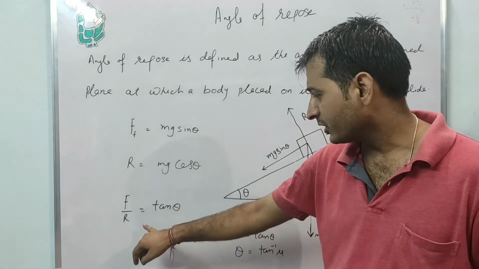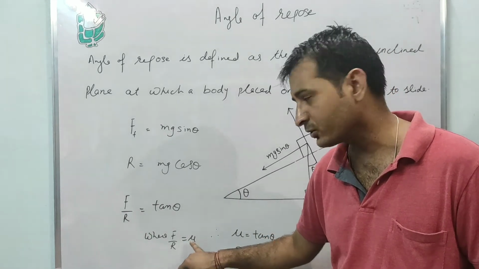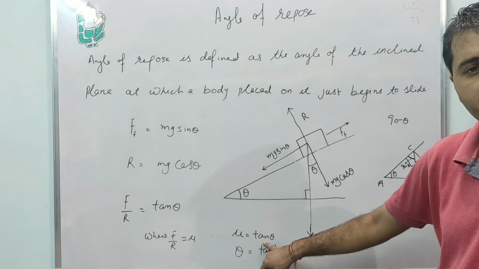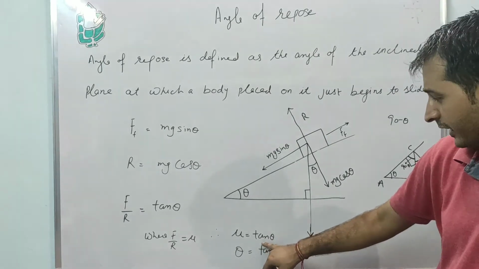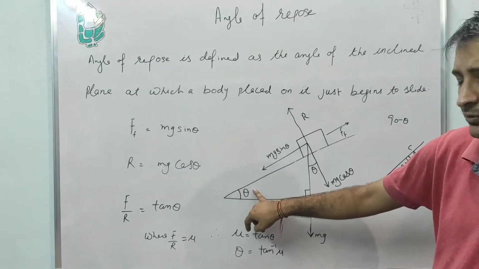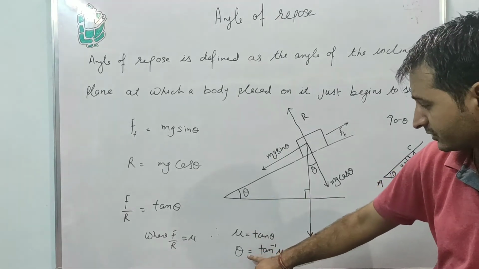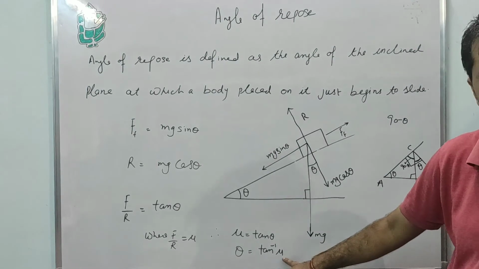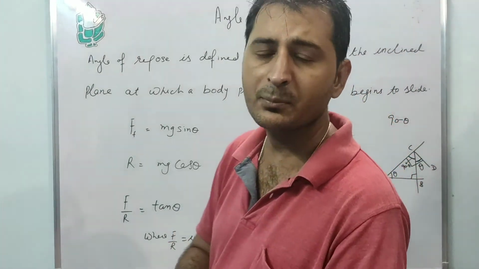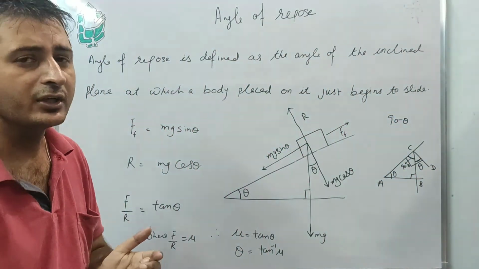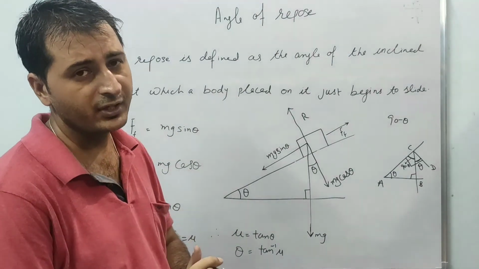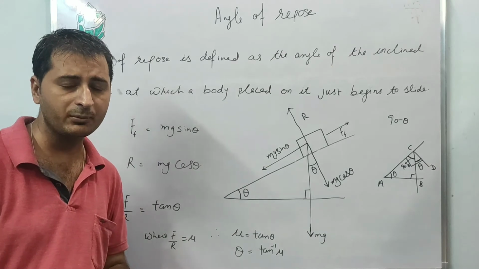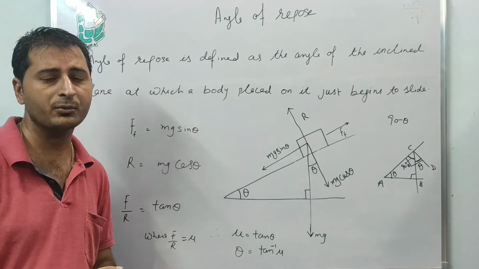So the coefficient of friction mu equals tan theta. Clear? And for the angle of repose, theta equals tan inverse mu. That is the correlation between angle of repose and coefficient of friction. Clear? So this is the basic derivation or concept behind the angle of repose.